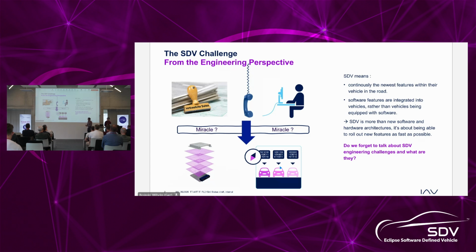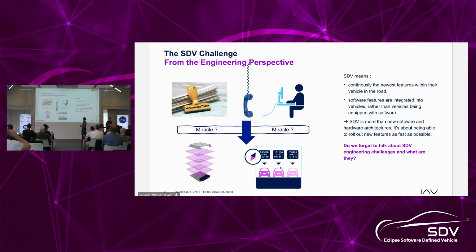So I interpret the SDV problem a little bit differently, maybe. We say, okay, what we would like is to continuously bring new features to the customer. That is, at the end, the goal for all this stuff we do here, and it's all important.